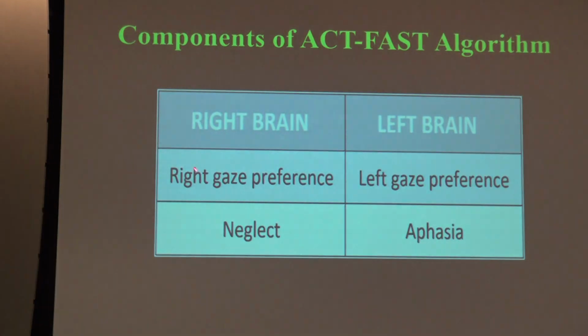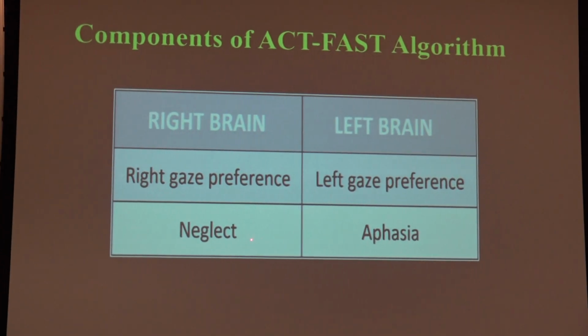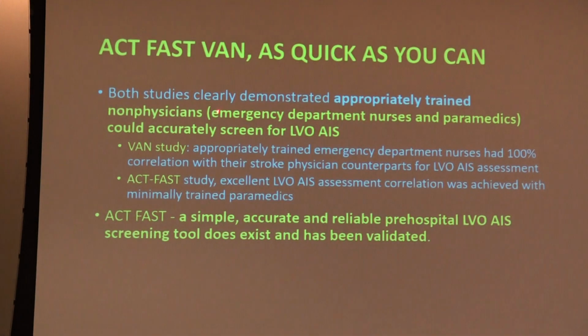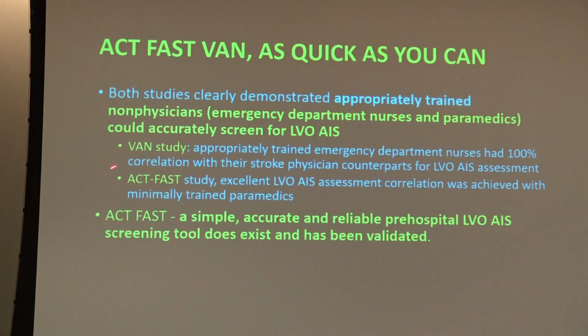What's very interesting, all of these tests look for those same areas of the cortex. They're assessing gaze preference, neglect, aphasia, and both of those tests demonstrated that both nurses in VAN and paramedics in ACT FAST could detect large vessel occlusion, acute ischemic stroke, these symptoms, almost as accurately as stroke physicians, with 100% and 97% accuracy.